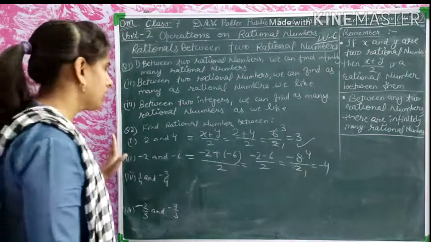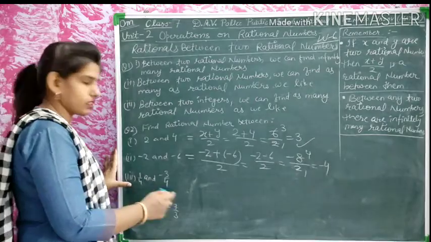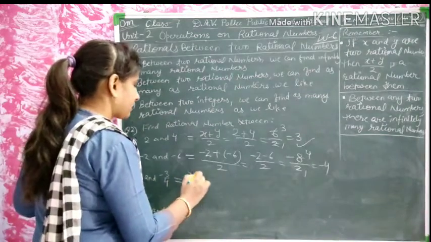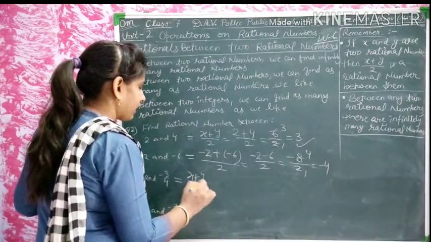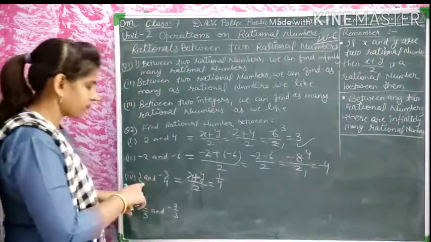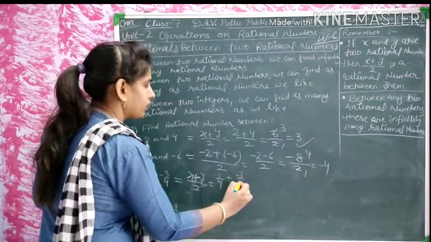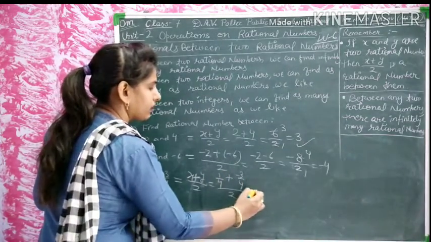Is this clear? Now we will find the rational number between these two rational numbers. So we will find x plus y divided by 2. Here x is 1 by 4 and y is minus 3 by 4, and we have to divide by 2.